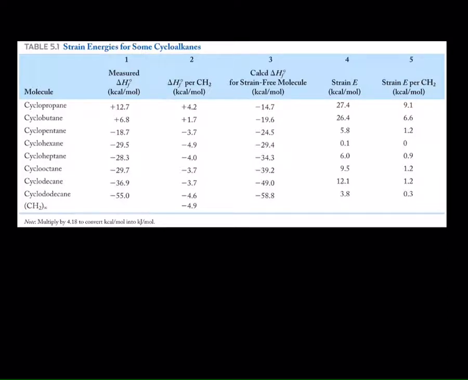And as you see, as you go into larger and larger rings, the heat of formation becomes more and more negative up until you get to cyclohexane. And then it kind of tapers off a little bit. And then it isn't until you get to cyclododecane that you see a marked increase in the negative value of heat of formation.